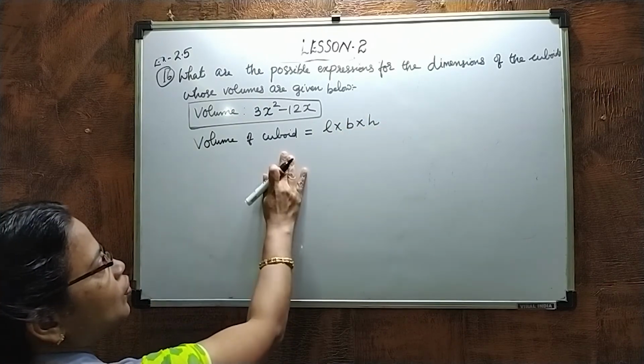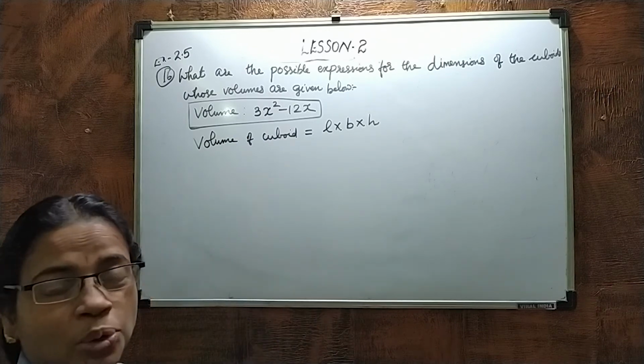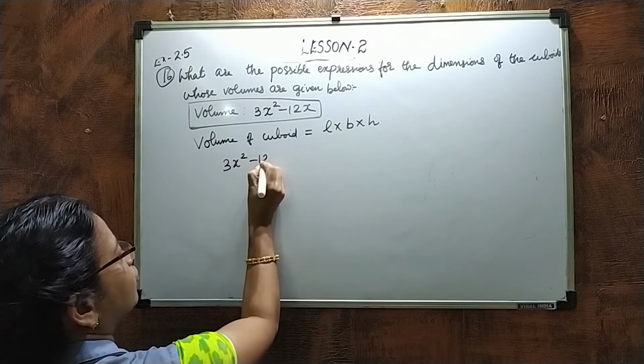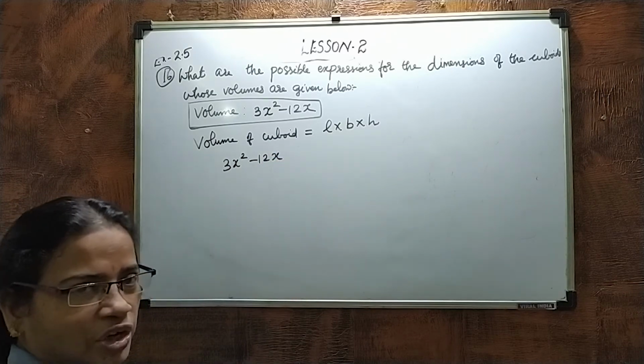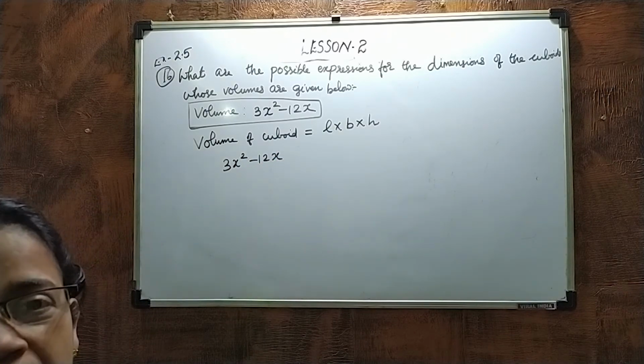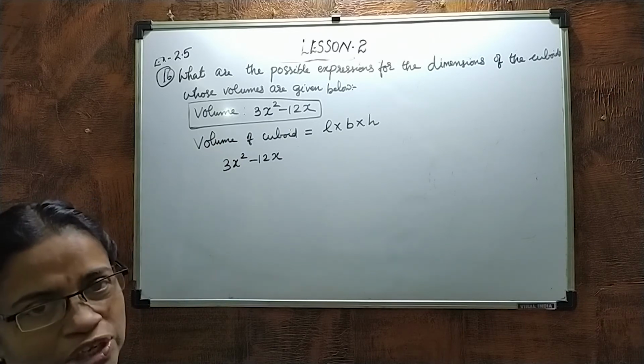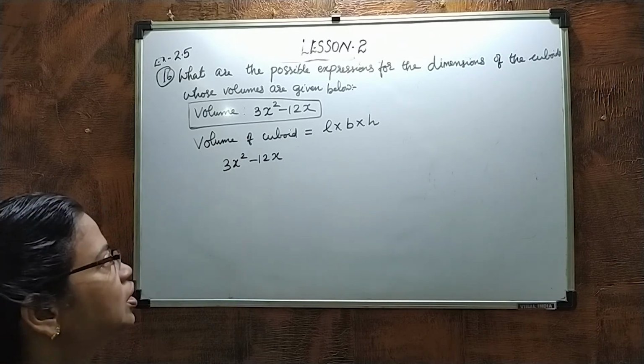They have given you the volume, you have to find length into breadth into height. So 3x square minus 12. From there you have to find out length, breadth and height.